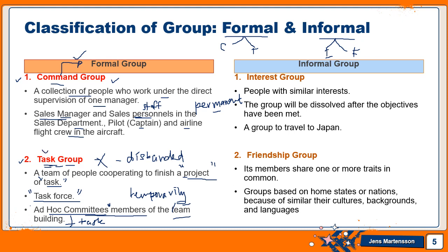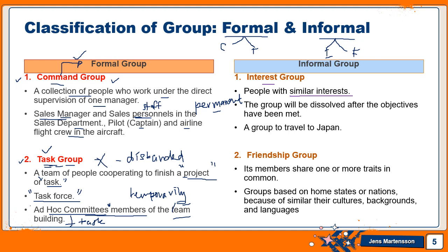Okay, now we go to the next type of group, that is informal group. Let's see the further classification of informal group. The first one is the interest group. By the word interest, this interest group is created because the people in that group have similar interest, mempunyai minat yang sama.